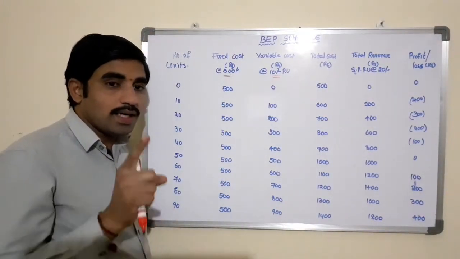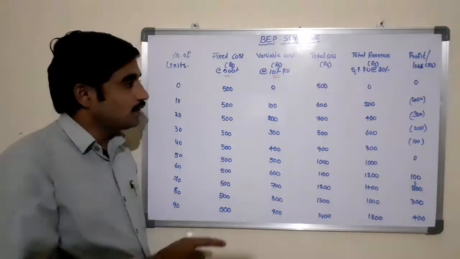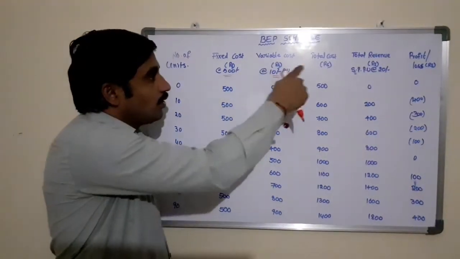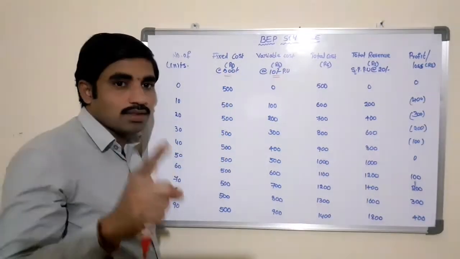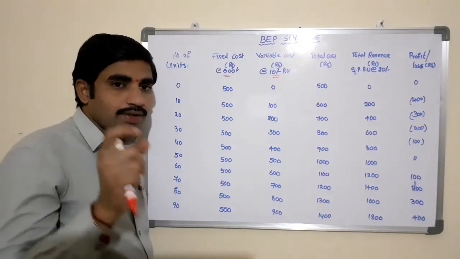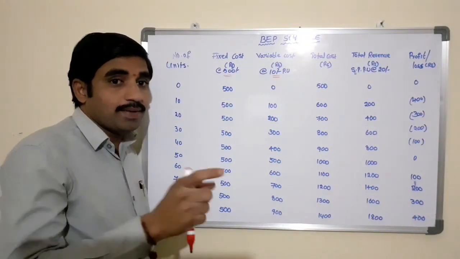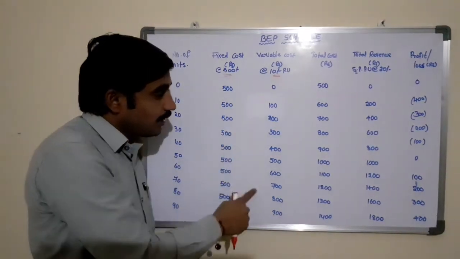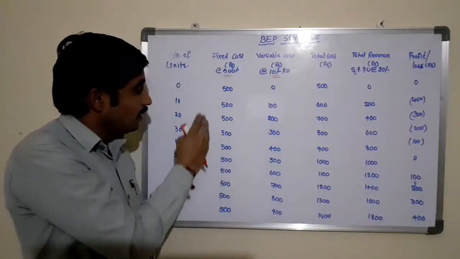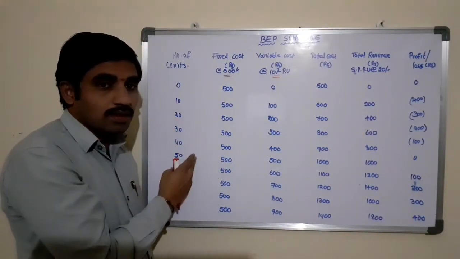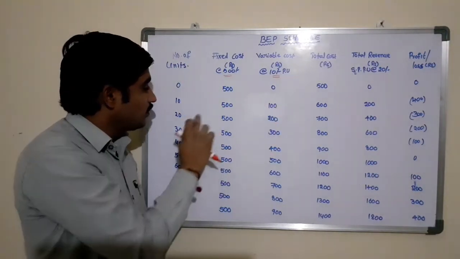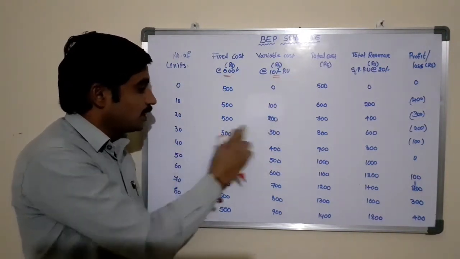And one important assumption of this break-even analysis is that the variable cost per unit remains constant. Remember, the variable cost per unit remains constant. Of course, the total variable cost may vary from one production level to another. The total variable cost at 10 units is 100 rupees, 20 units 200, 30 units 300.